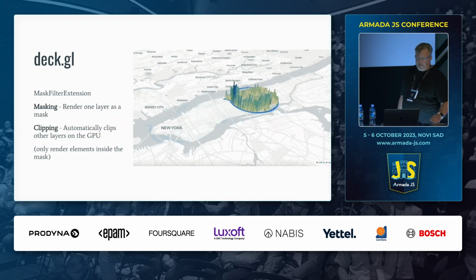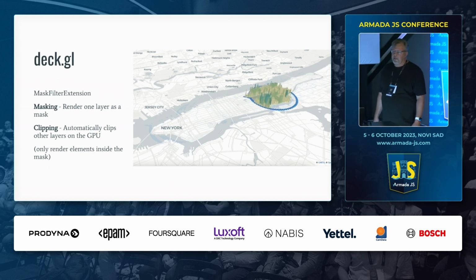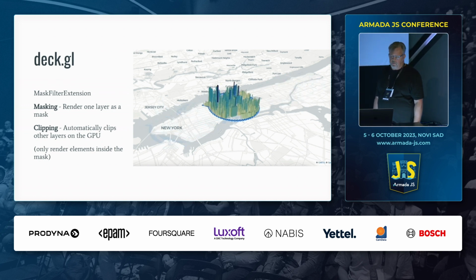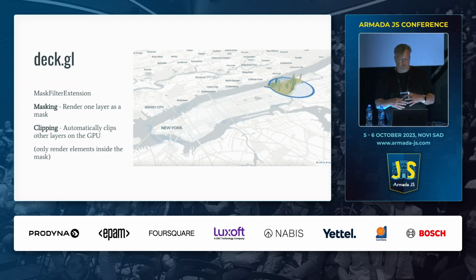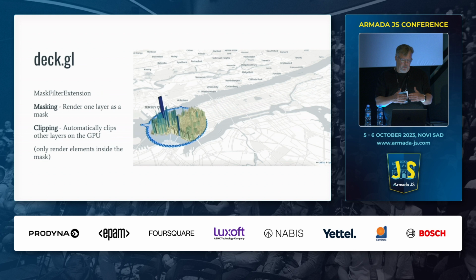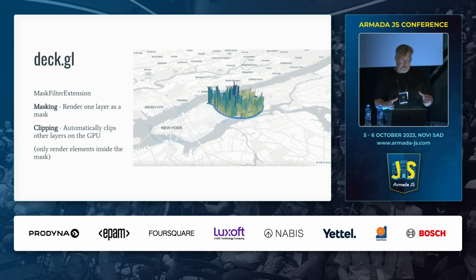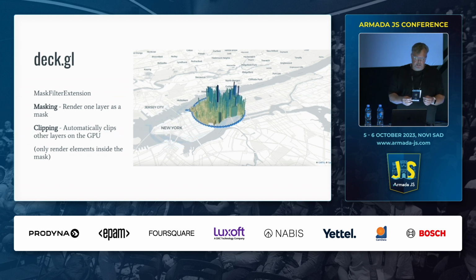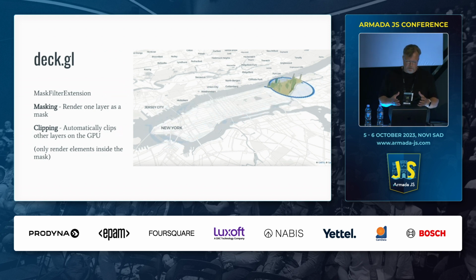Another thing that we've also wanted to do for a long time: once you do a visualization, you may want to clip it. You may say that it should only be shown within a ring or a rectangle or some more complex area, maybe representing a zip code or census block group or something like that.